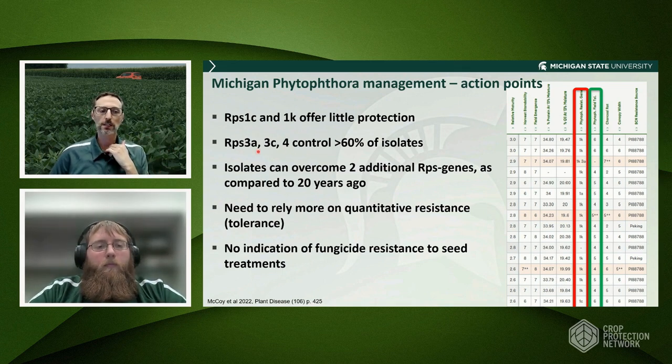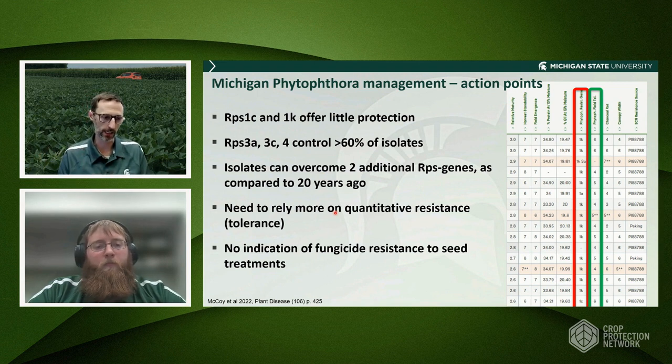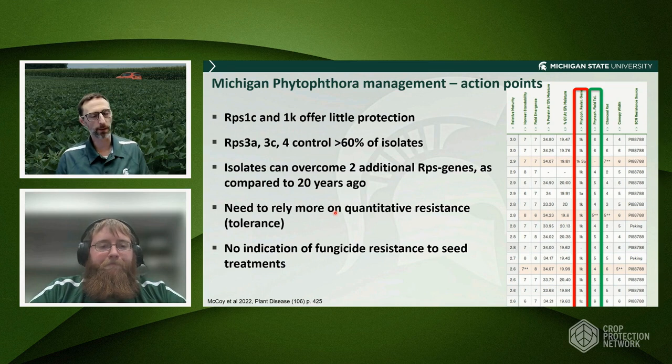There are genes such as 3A that's out there in quite a bit of germplasm now that did much better and is able to control more than 60% of isolates. And unfortunately, the pathogen is constantly changing, and now it's able to overcome more genes than it had 20 years ago. So we're stressing here that yes, RPS genes are still an important piece of management. We also need to be thinking about that field tolerance when we're selecting varieties.